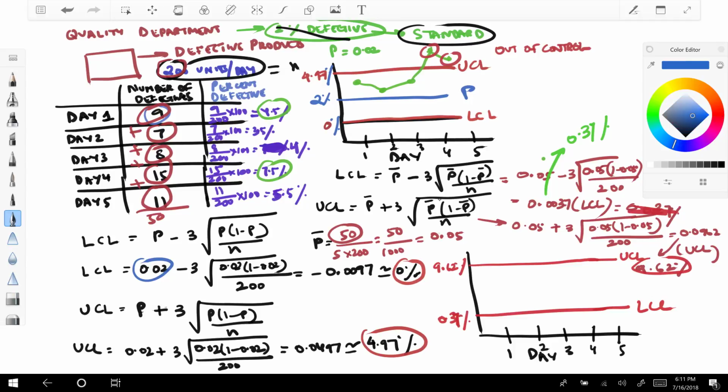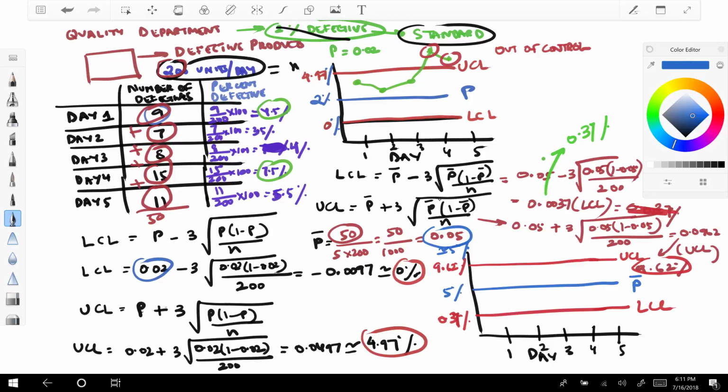And then our center line, which is P bar in this case, is 0.05. So this can be written as 5%.